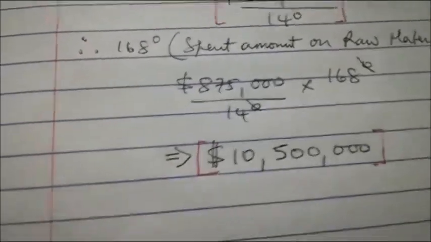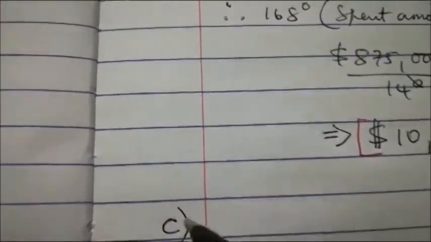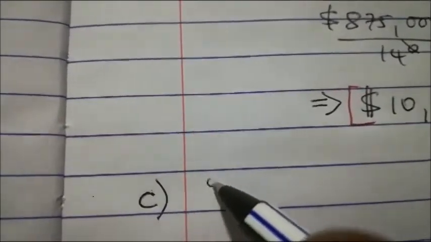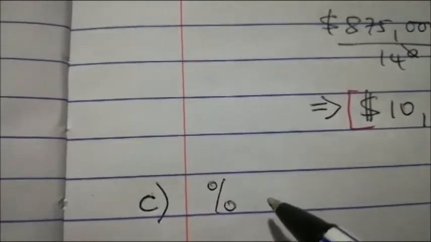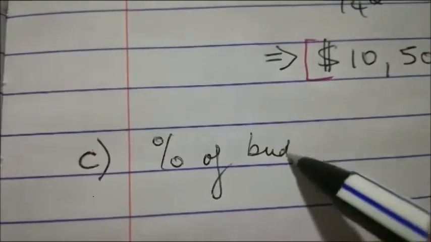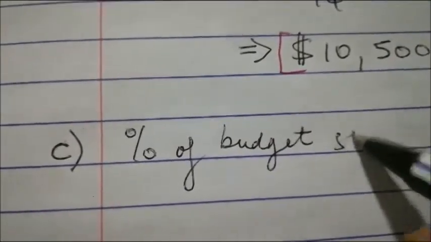And that is the approach we have to take. So for section C now, they're asking us to determine the percentage of budget spent on wages.